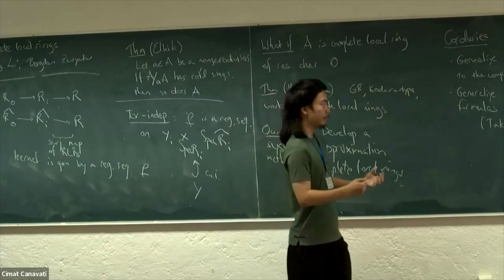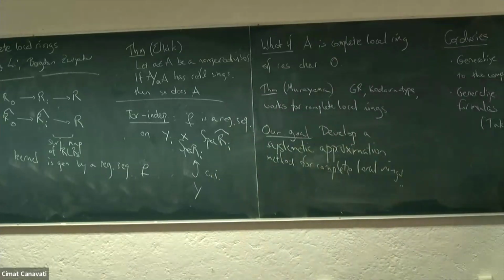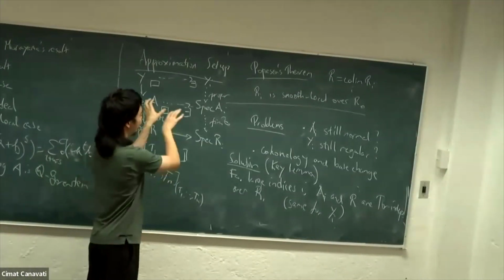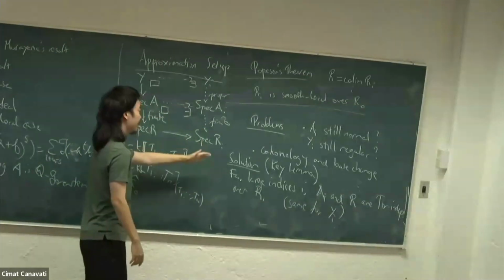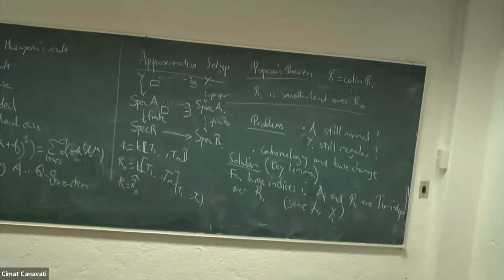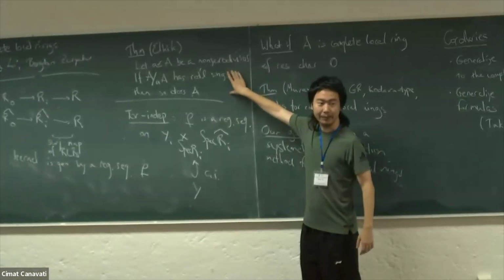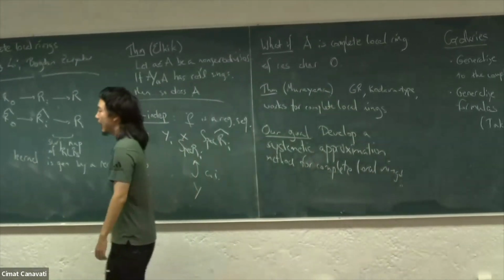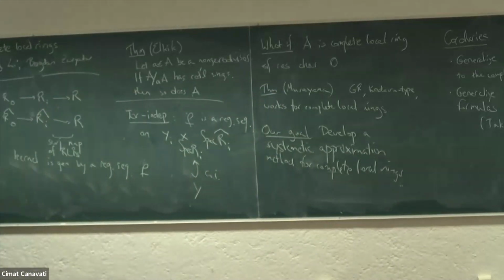So in fact, you can say a finite type scheme over Spec R has rational singularities if and only if all of its descent schemes over Spec R_i have rational singularities. And therefore, you can formally get the theorem without knowing anything about this proof. And it works with other types of singularities as well.